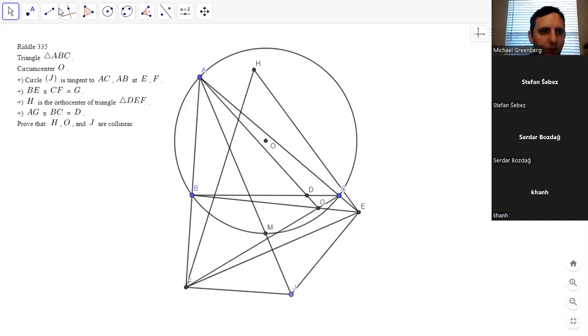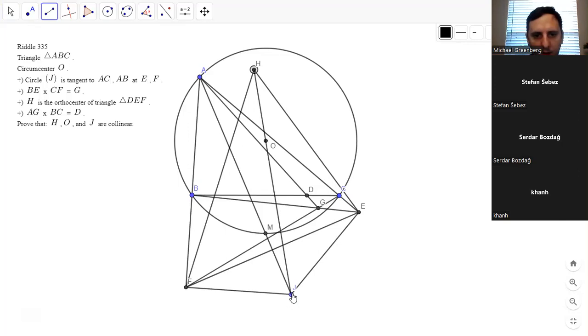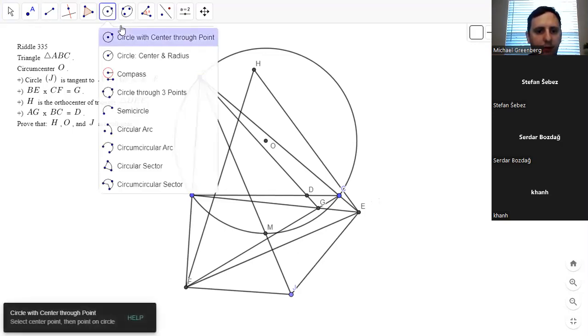Let's check that the problem's true. Yes. So obviously AFJE is cyclic, and I don't know if it's worth actually drawing the circle.